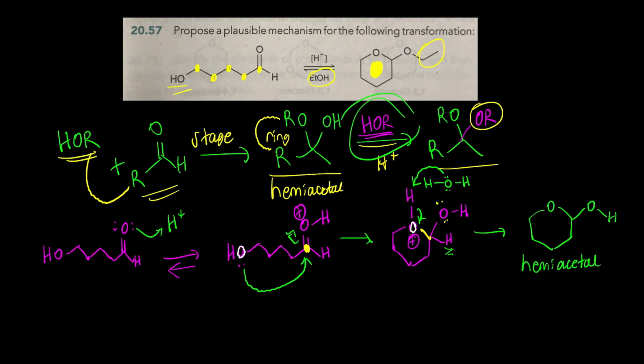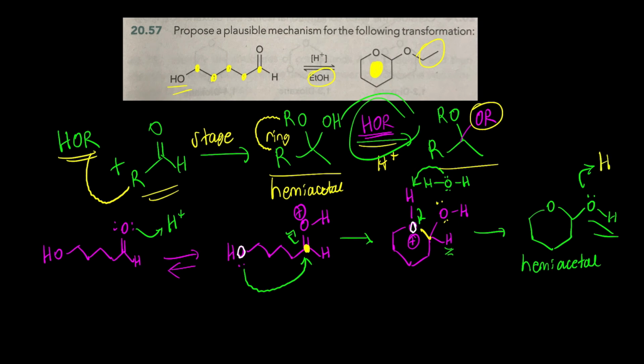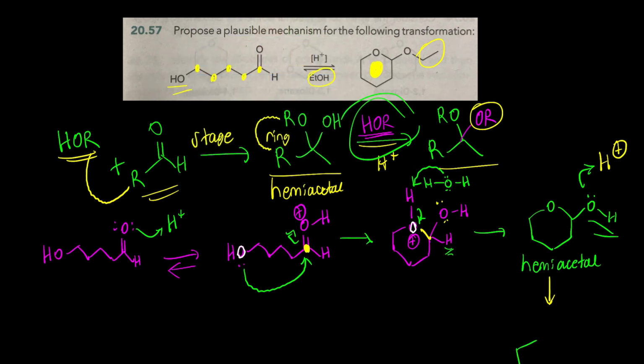Now what we want to do is react this hemiacetal with ethanol in acid to give us that molecule. So we need to get rid of this OH, don't we? The way we do that is we attack H+, and that's going to give me a protonated alcohol.